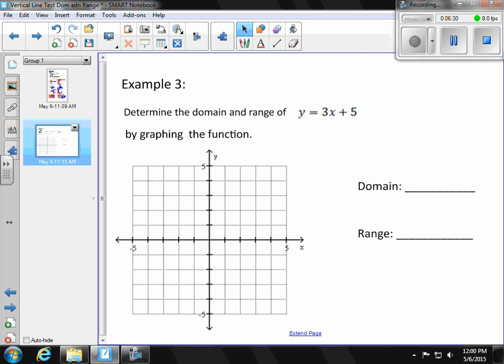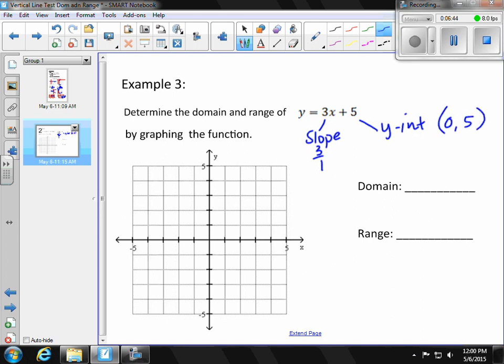I'm going to graph it by hand, but if you wanted to, you could graph it on your calculator. I know my slope is 3/1, and I know my y-intercept is 0.5. So I'm going to graph 0.5 first, and slope 3/1, or I could think of it as -3 over -1.